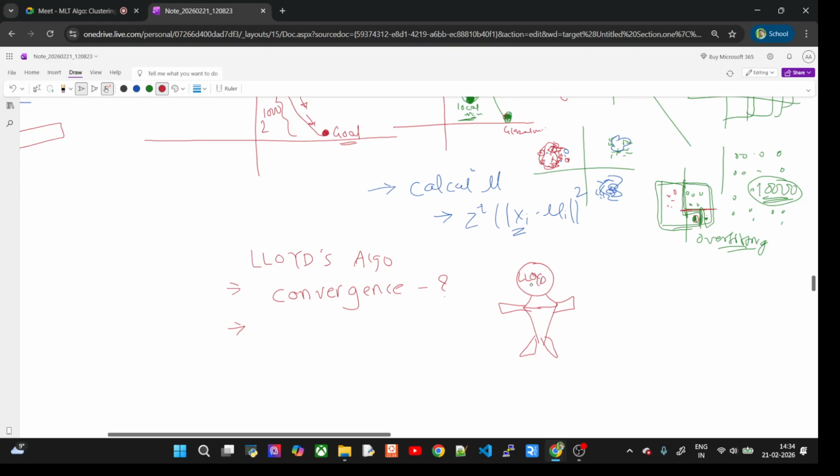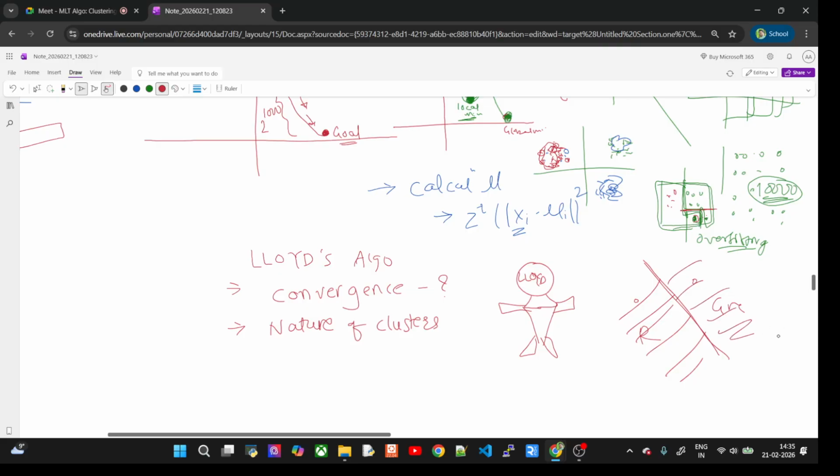Second question is, what is the nature of your cluster? Whatever clusters you are creating, what type of cluster is it producing? For example, if these points are there, you can say this is a red point and this is a green point, and you simply create a cluster like this.